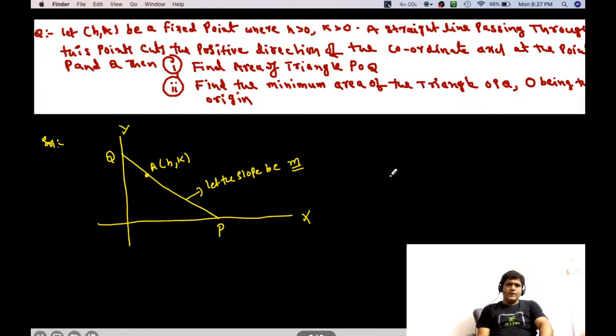Let the slope of the line be m. (h, k) is a fixed point.